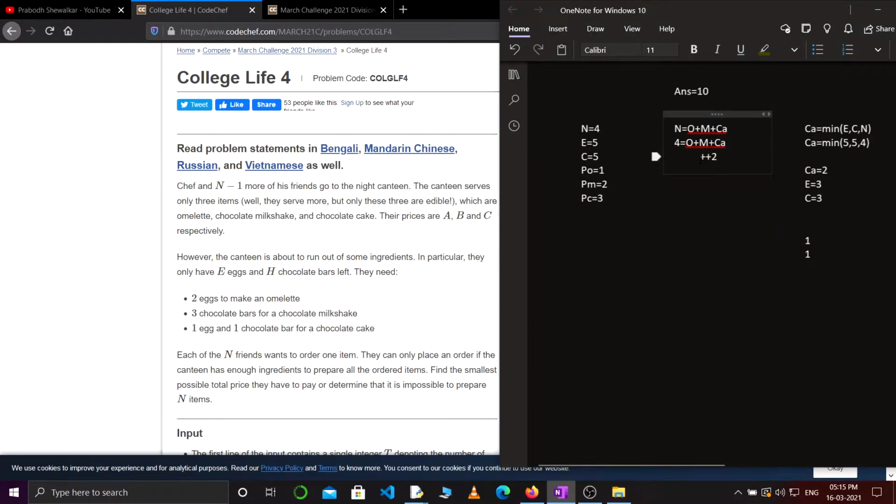So I'll be considering 1 and 1. So now my price will be 1 times 1 plus 1 times 1, 2, plus 2 times 3, so it's 6 plus 2, 8 and 9? So 10 and 9, which is smaller? 9. So I'll store 9.